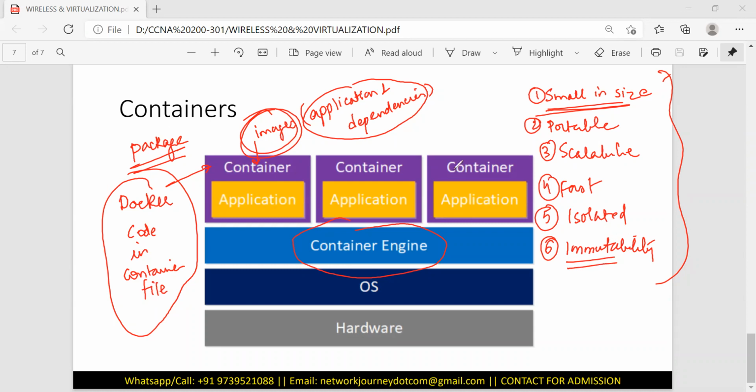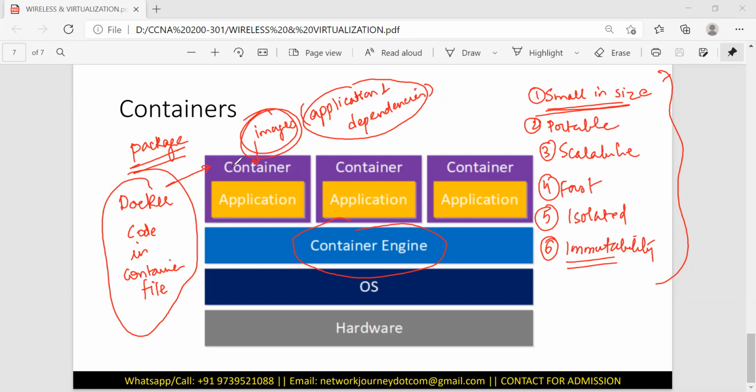That means if you have installed it, it cannot be changed until you change the code, get a new image out of it, and install it again. So you need to keep an updated one and not the older ones, because an older one can lead to security issues.